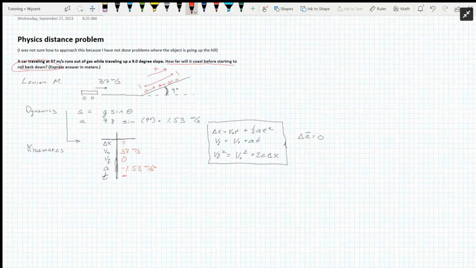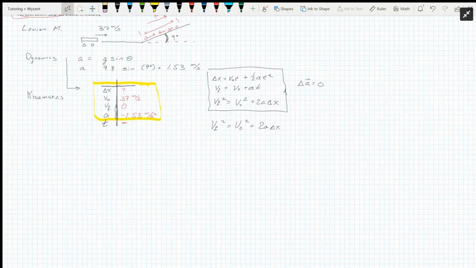Of these four that I'm playing with, I'm not playing with time. What formula has those four: delta x, v naught, vf, and a? It's the last formula: vf squared is equal to v naught squared plus 2a delta x.